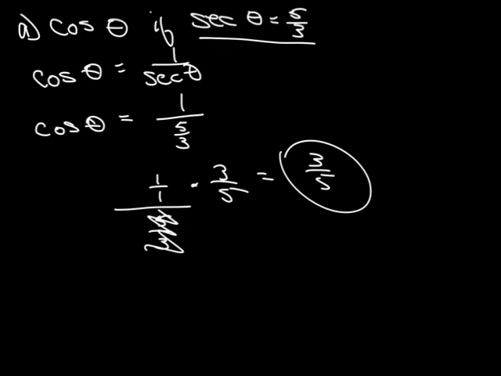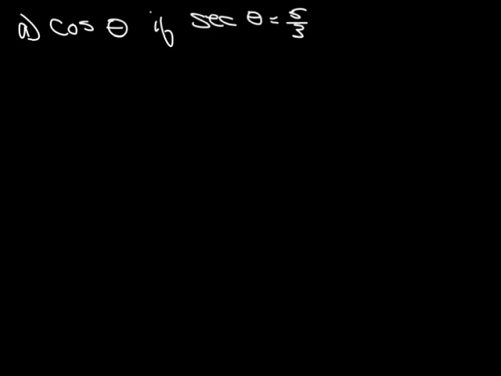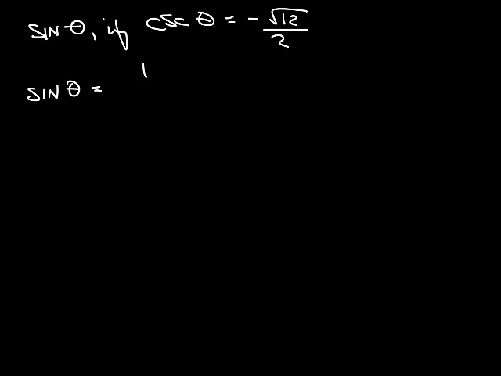Let's look at letter B here. We're looking for the sine of theta if the cosecant of theta equals negative square root of 12 over 2. So again, we look back at our little chart, and the sine of theta equals 1 over the cosecant of theta.